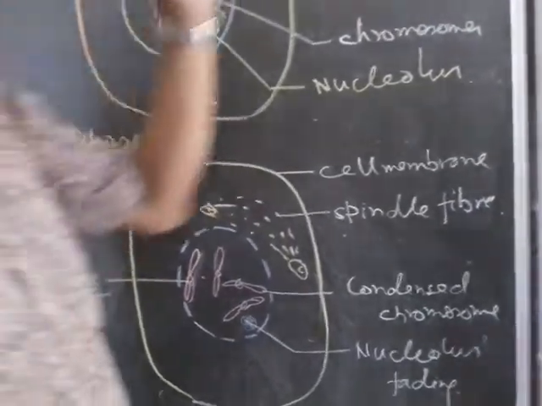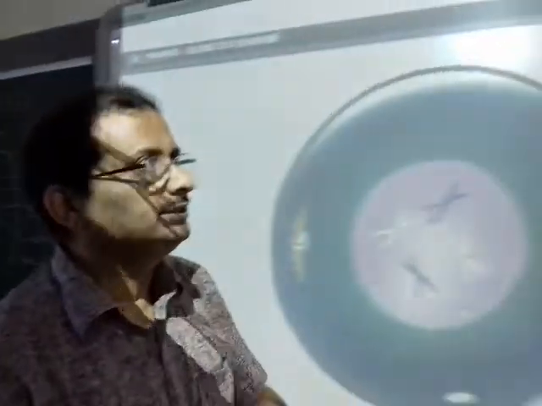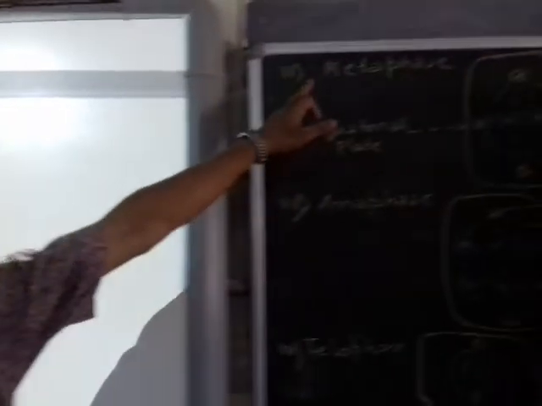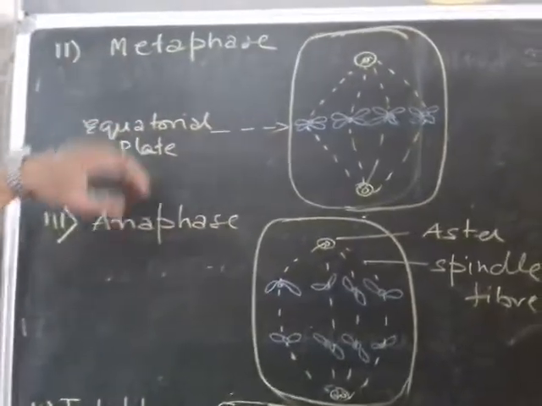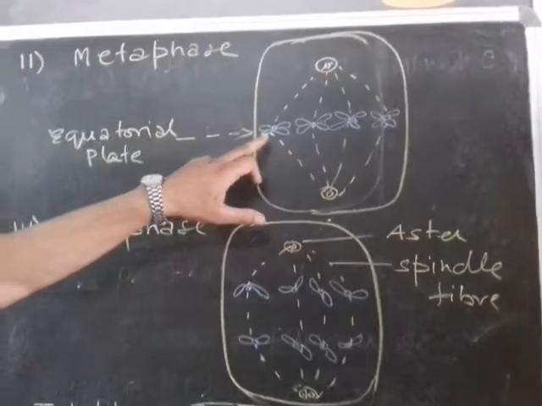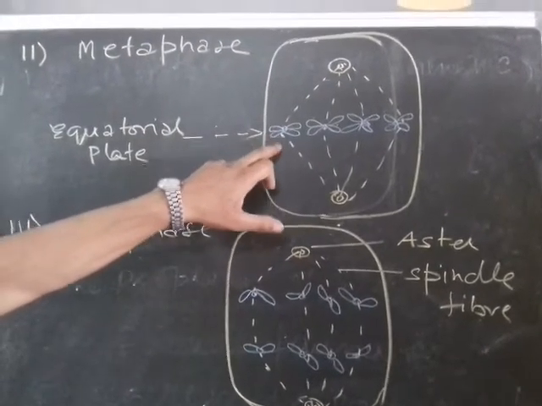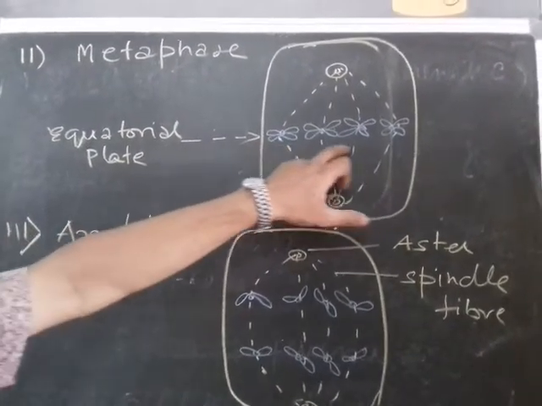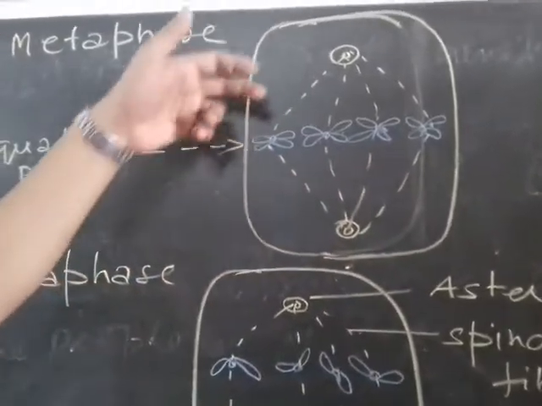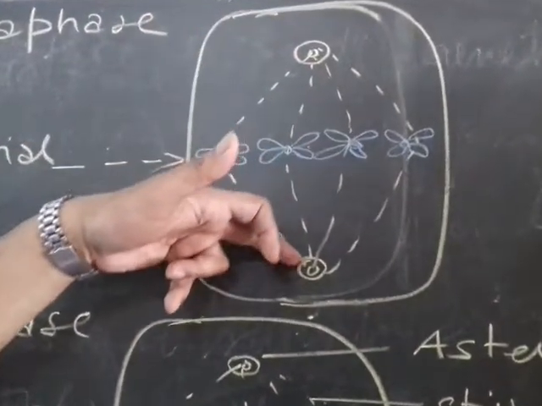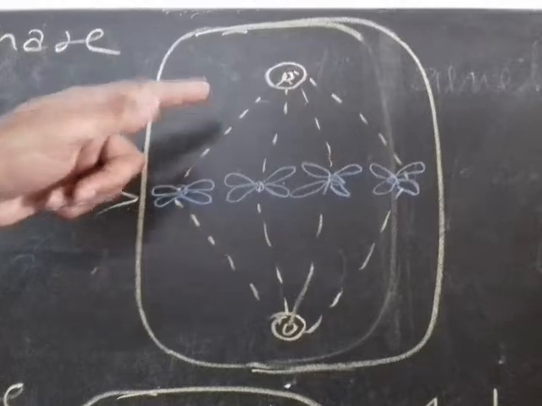Now we'll go to the second stage, that's called the metaphase stage. In metaphase, the chromosomes, which are divided into two sister chromatids, appear on the equatorial plate. By this time both the centrioles have moved apart, almost diametrically opposite.